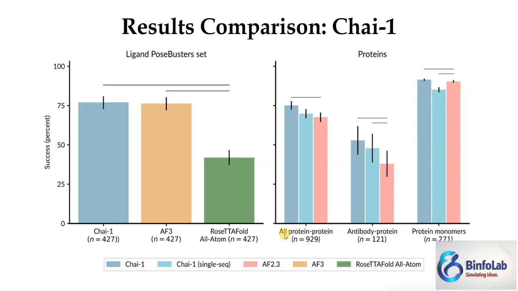But for all protein interactions, it is better than AlphaFold 2.3. For antibody-protein prediction, Chai-1 is once again better, and for protein monomer predictions it's not very significant, but slightly better than AlphaFold 2.